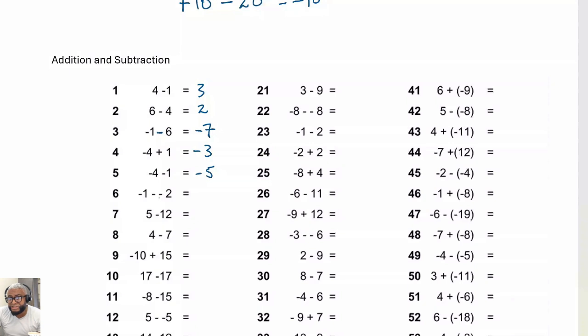Now, this is a strange case here. They actually have negative 1 minus negative 2, right? When you have two minus signs like this, or if you have one minus sign in a bracket and one minus sign outside the bracket, you actually have to apply multiplication laws, right?